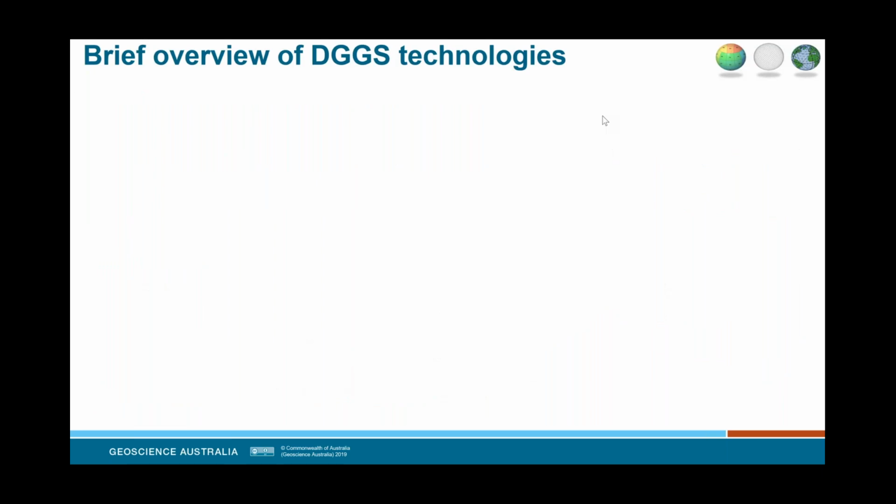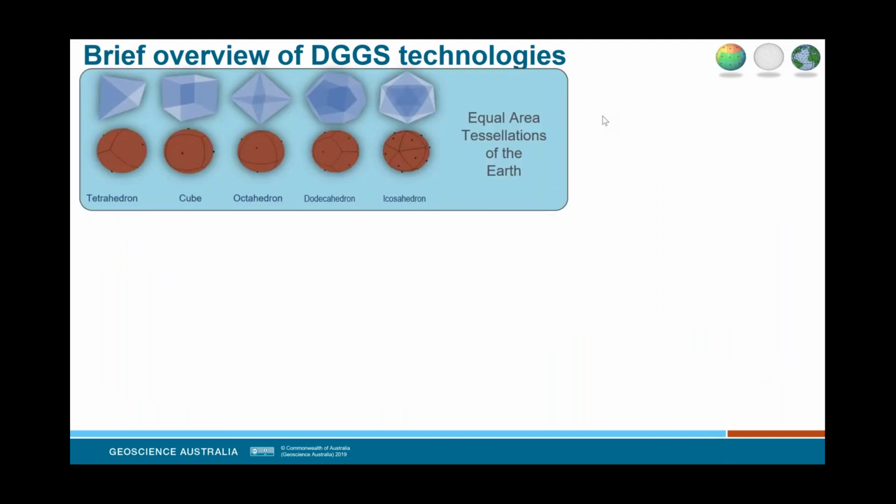So for those who aren't all that familiar with the DGGS technologies, this is my DGGS on a page slide. Fundamentally, a DGGS is a hierarchical equal area tessellation, a group of tessellations of the Earth, with resolutions from near global scales right down to microns.